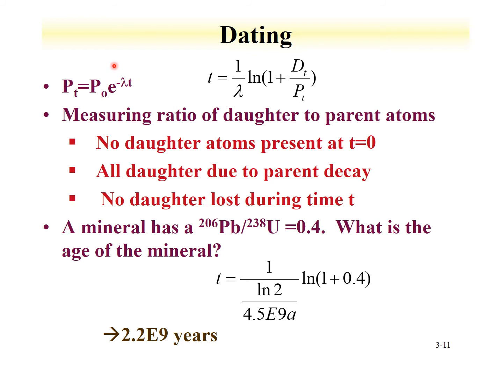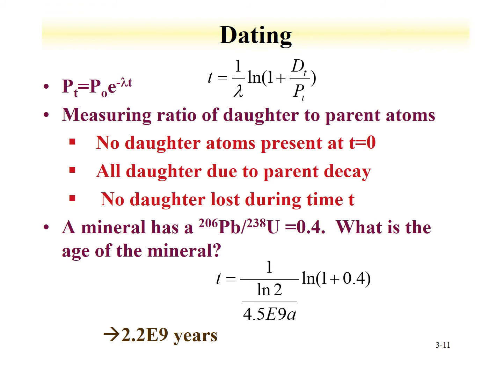So we basically rearrange this. The amount of parent at time t equals the amount of parent that's initial times e to the minus lambda t. Let's rearrange this equation, and it becomes the amount of parent at time t, daughter at time t, and the decay constant. That's all we need to know to determine the date.